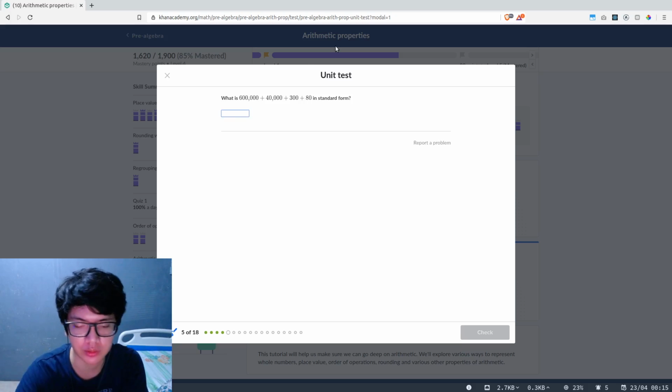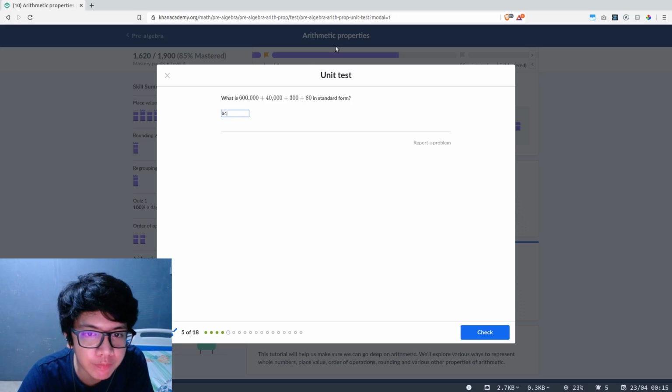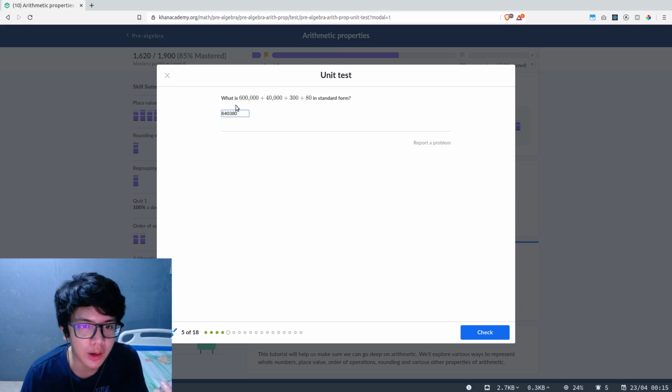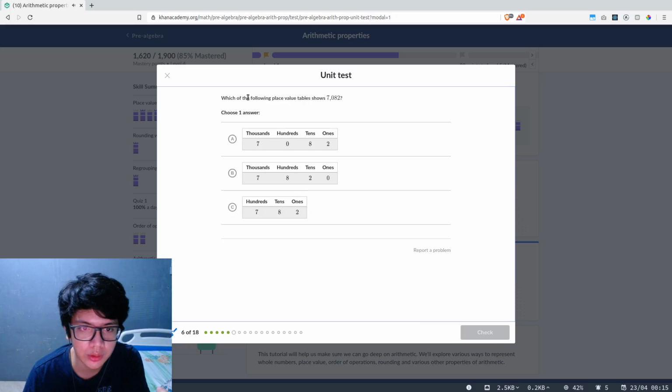Oh no. 600,000 plus 40,000 plus 300 plus 80. Okay, cool. Which of the following place value tables shows 7,082? Okay, 7,082. This one's correct.